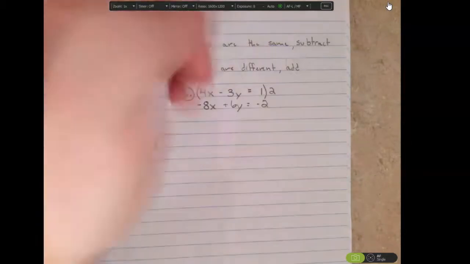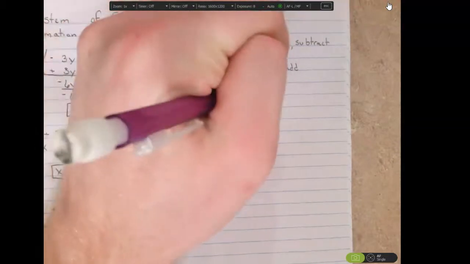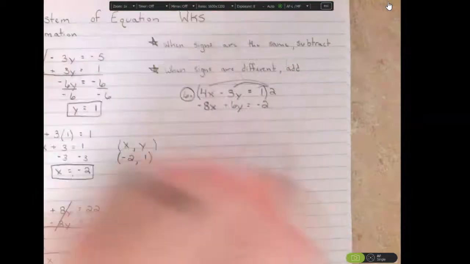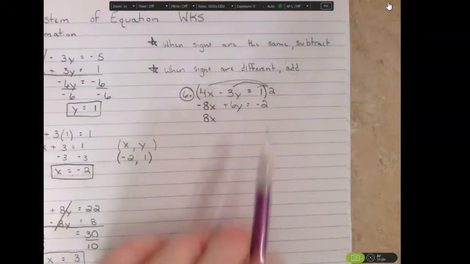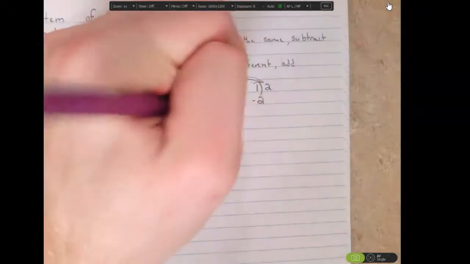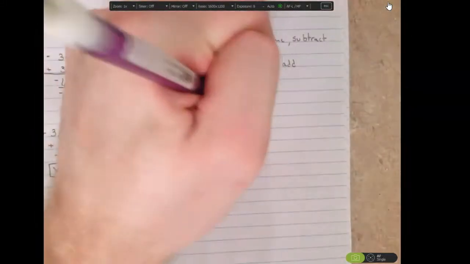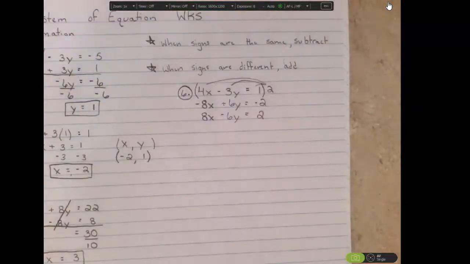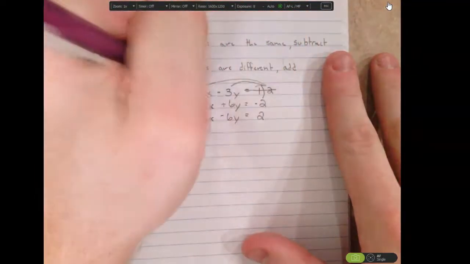When I do this, and I distribute this 2 into everything, I now get 8x, 2 times negative 3 is going to be negative 6y, and then equals 2 times 1, 2. If it helps, you could even go through here when you're finished and put a line through it.